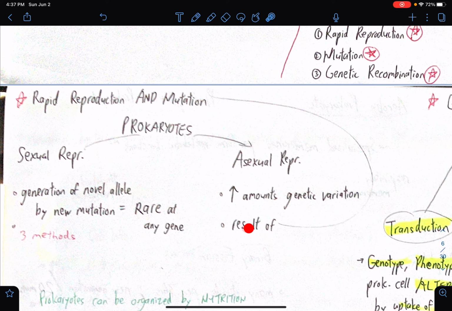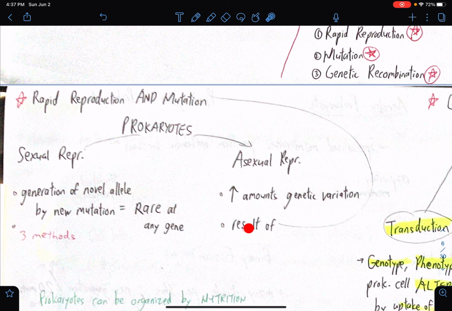Let's go to genetic recombination. There are three methods. We have transduction, transformation, and conjugation. For transduction, the genotype and phenotype of a prokaryotic cell is altered by the uptake of foreign DNA. I wasn't able to cite an example for this. For transformation, this is a type of horizontal gene transfer.